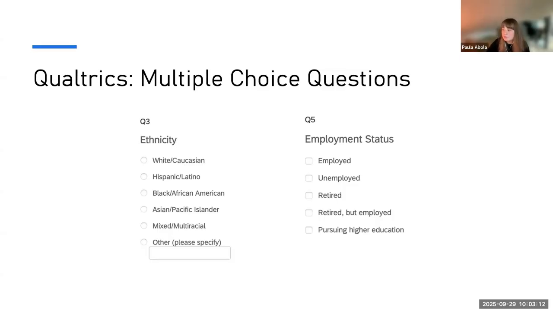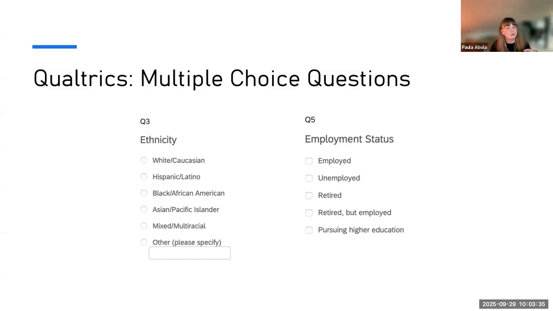Whereas question 5, why it has the box instead of the circle, is that they were allowed to pick 2 or 3 employment statuses, meaning, okay, I had the response option that they're retired or retired but employed. But for example, if a person was unemployed and pursuing higher education, then they were able to pick the 2. Or maybe they were unemployed, retired, and pursuing higher education.